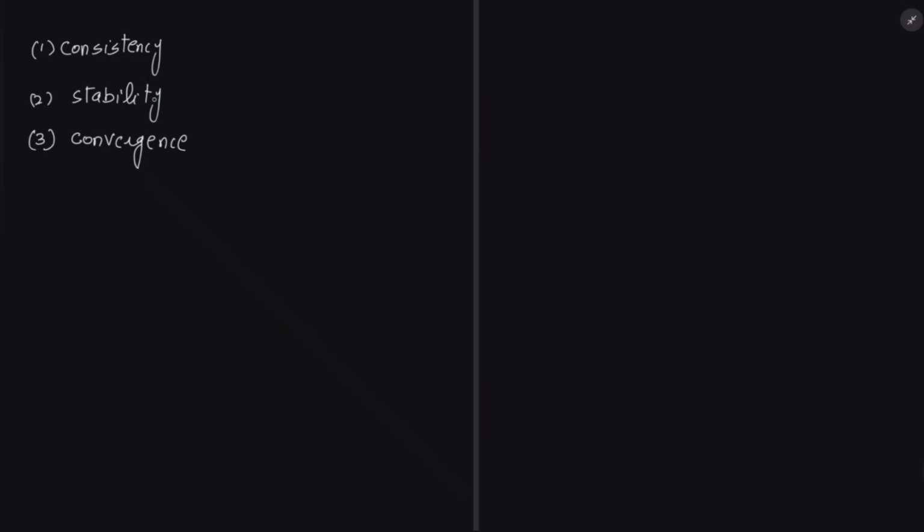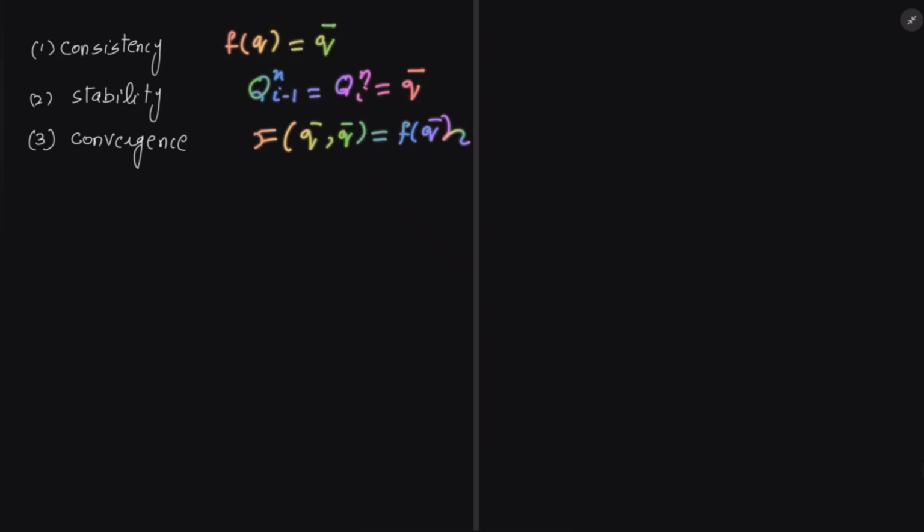Consistency means that if we have a function, for example, if our flux f(q) is equal to a constant, then the numerical method must follow that the old value, the new value, and the constant value must be equal, and our flux will be q bar, which will be equal to f of q bar.